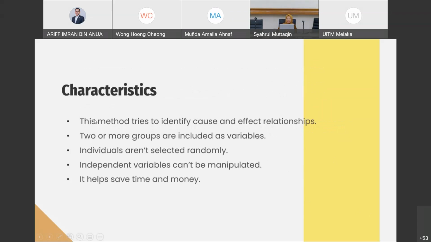The first is that this method tries to identify cause and effect relationships, and then two or more groups are included as variables since it's comparative, so there will be not only one group, two or more groups are included. And then individuals are selected randomly, and then independent variables can be manipulated. It helps save time and money.